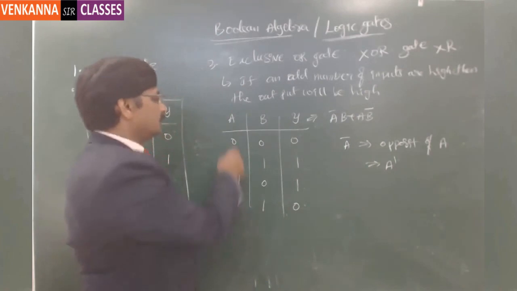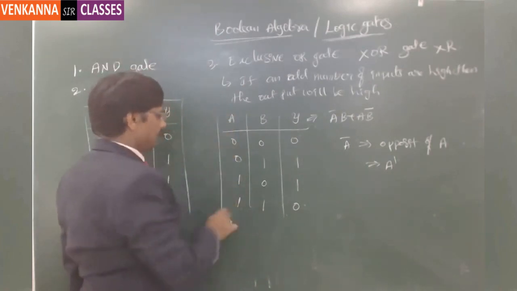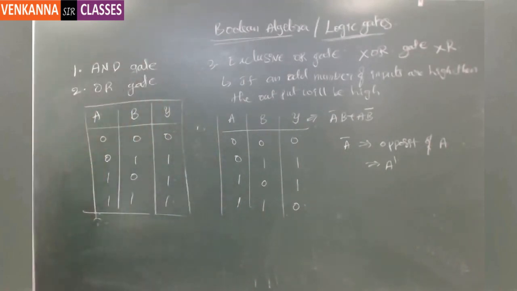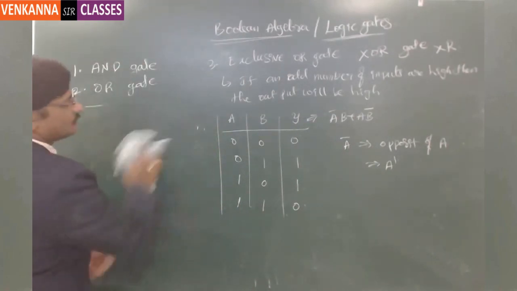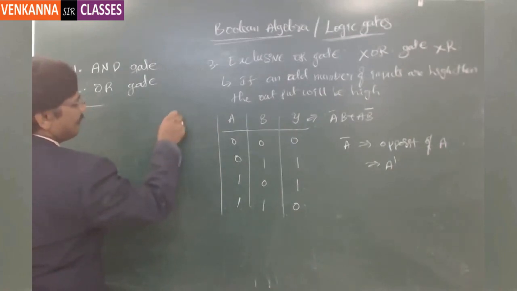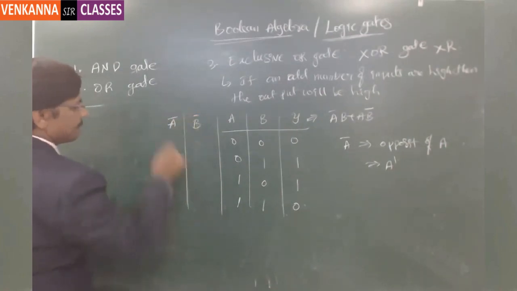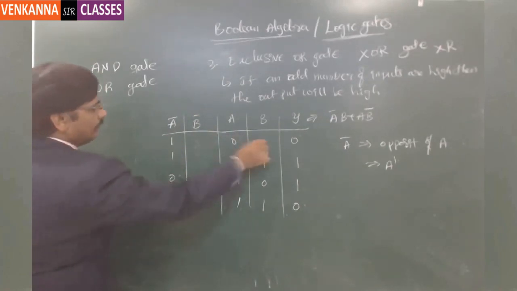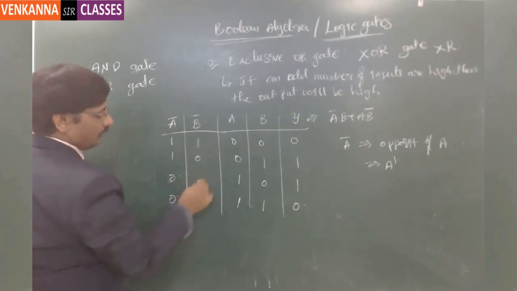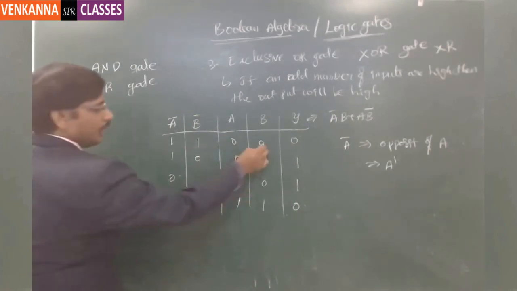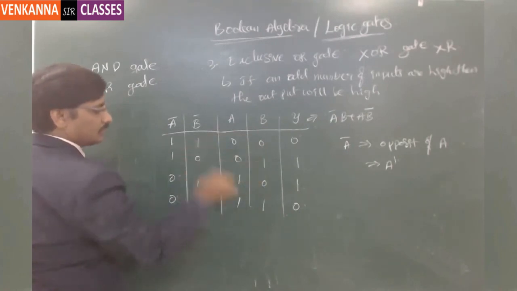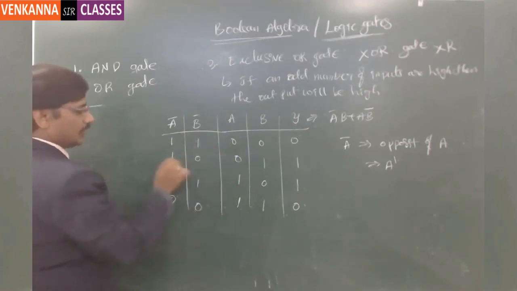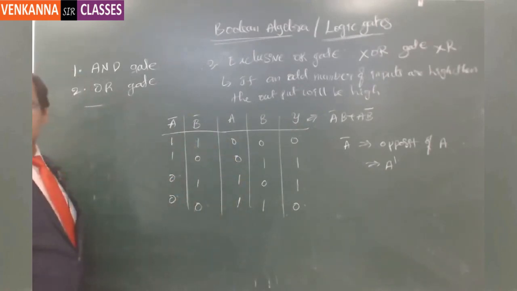Now A bar B. If I write A bar here and B bar here, A bar is 1 1 0 0 and B bar is 1 0 1 0. So 0 becomes 1, 1 becomes 0, 0 becomes 1 and 1 becomes 0 here. And similarly 0 becomes 1, 0 becomes 1, 1 becomes 0, 1 becomes 0 here.